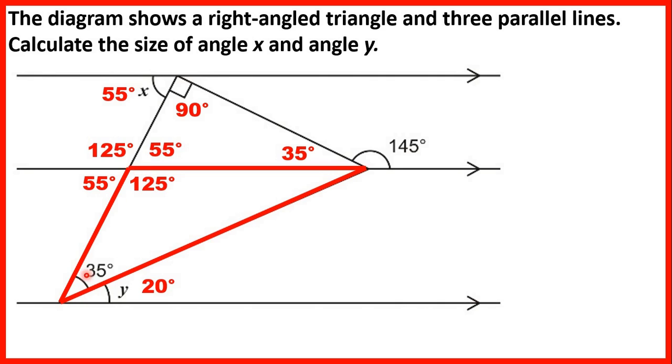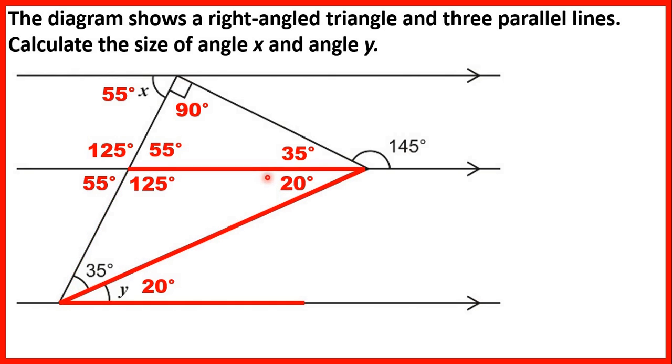We have a triangle here, so because we know two of the angles in our triangle, we can work out the third by adding up what we have and subtracting from 180. So 125 plus 35 is 160, and if we subtract that from 180, we get 20 as the other angle in our triangle.